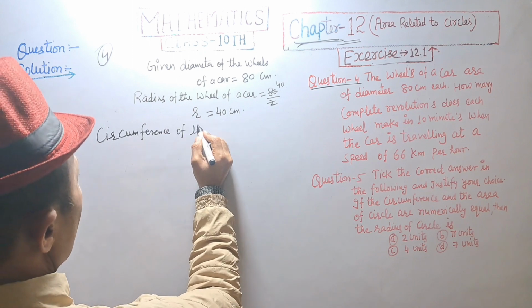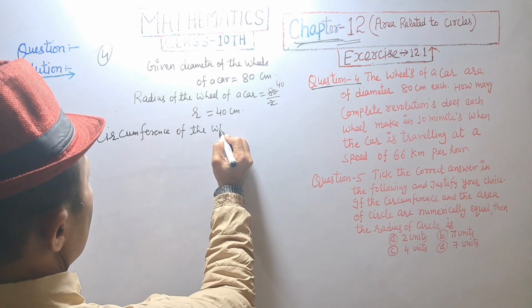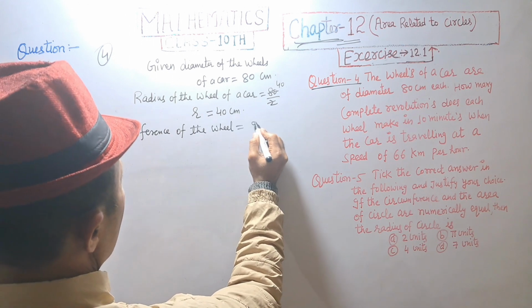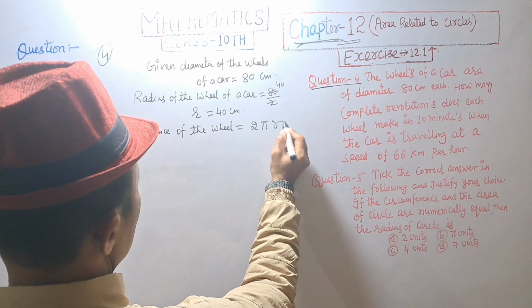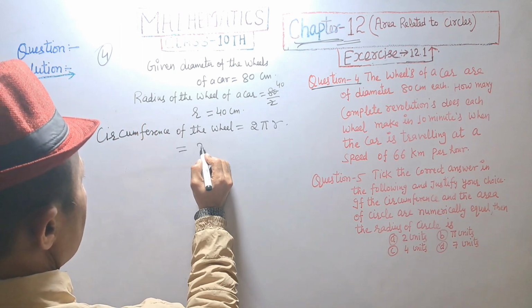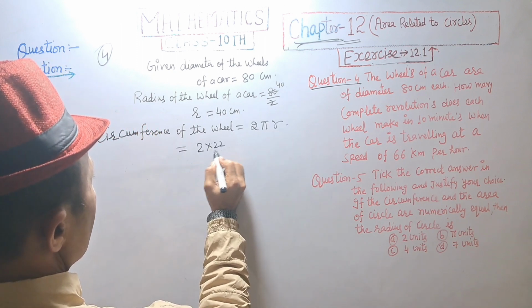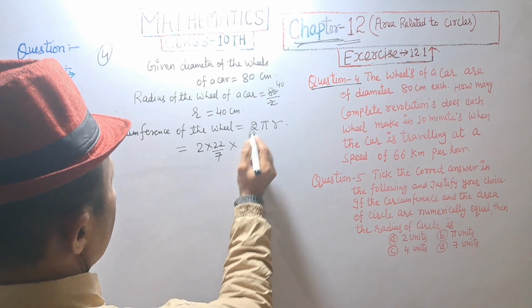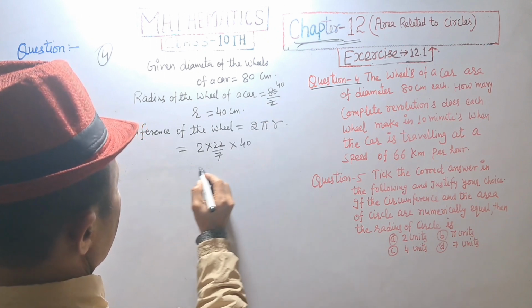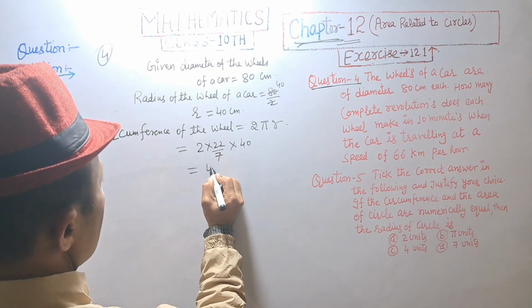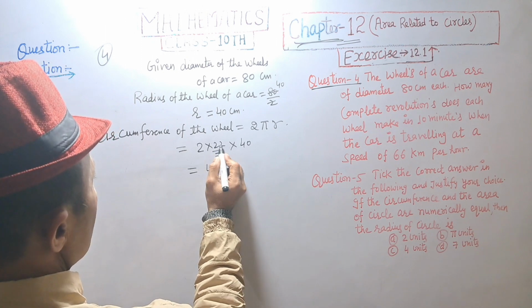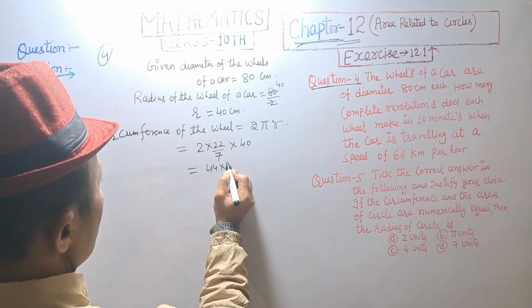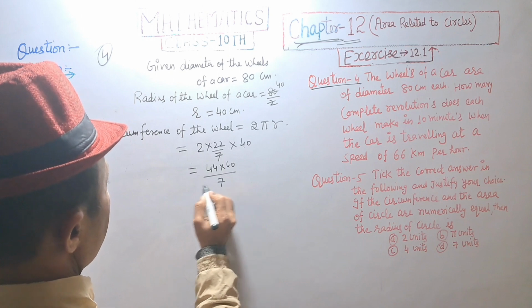Circumference of the wheel is equal to 2 pi r, that is equal to 2 into 22 upon 7 into radius 40. 22 twos are 44, 44 into 40 divided by 7.